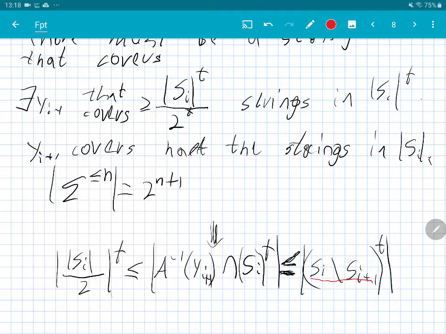And if you raise them to the power t, those are all the strings that did not get covered, right? They're still not covered afterwards. And you raise them to the power t, those are still the strings that are not being covered, right? Okay. Let's see if I can say it in a more convincing way.